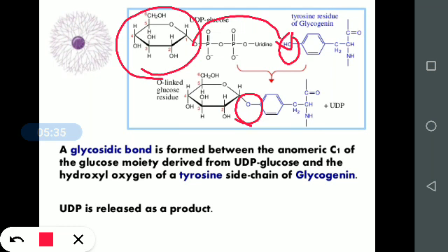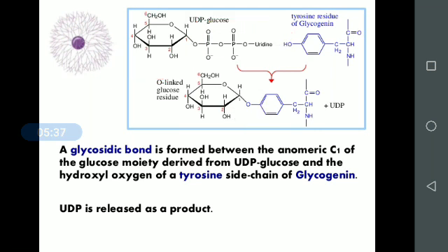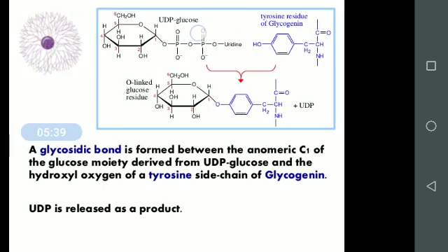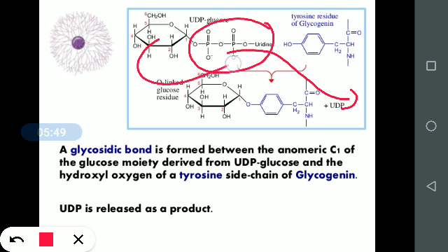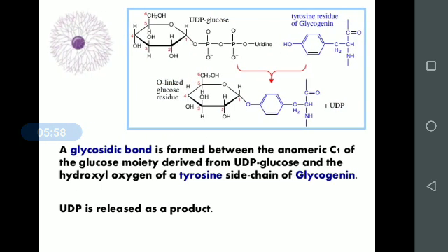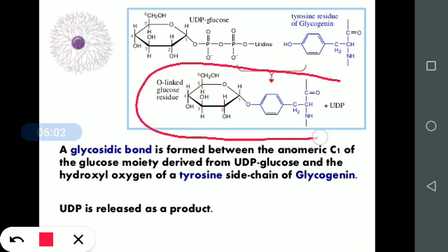The UDP will be removed for carrying the next glucose molecules. So this glucose molecule attaches to the OH group of the tyrosine residue of glycogenin and it converts into the primer for glycogen synthesis.